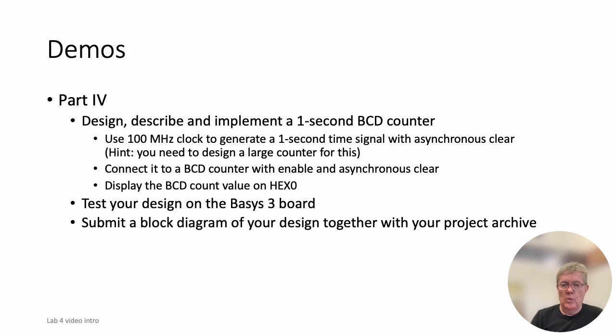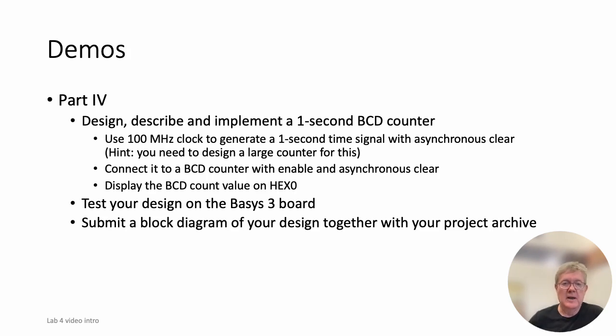To generate a 1 second signal from a 100 megahertz clock, you effectively need to count the appropriate number of clock edges, effectively 100 million of them, and then assert for 1 clock period an output signal that corresponds to the 1 second timer that you need to build this design.